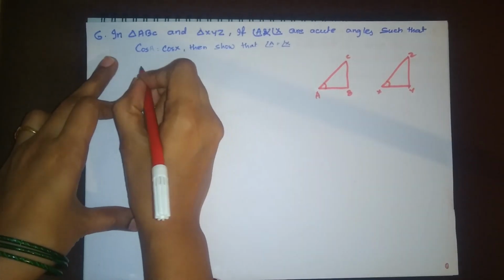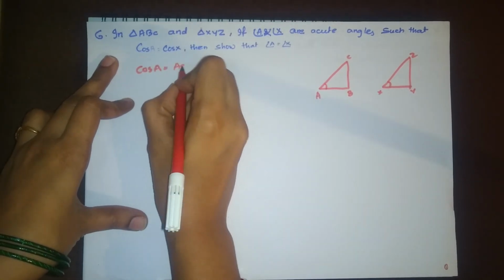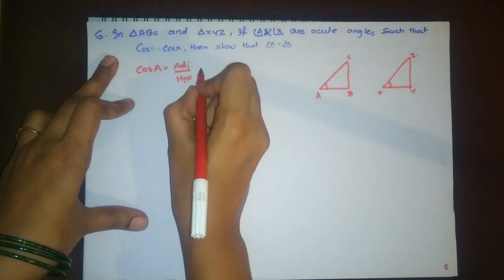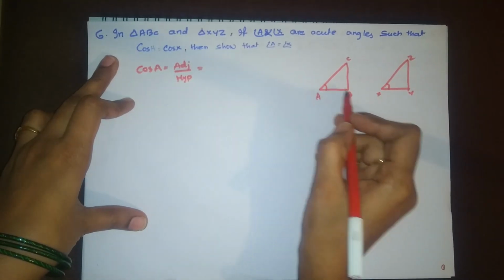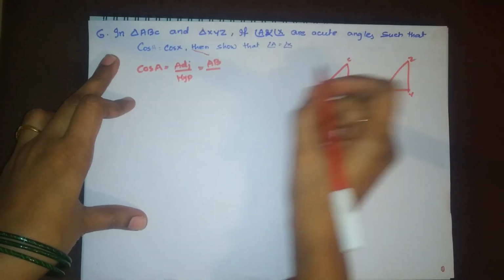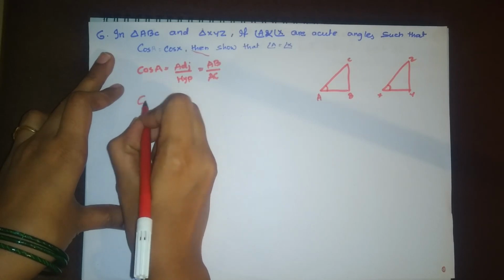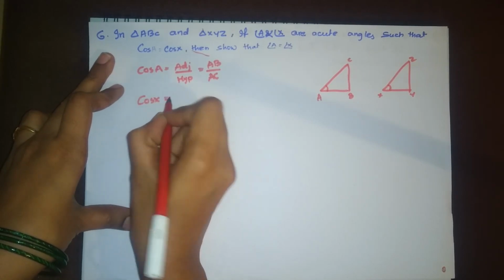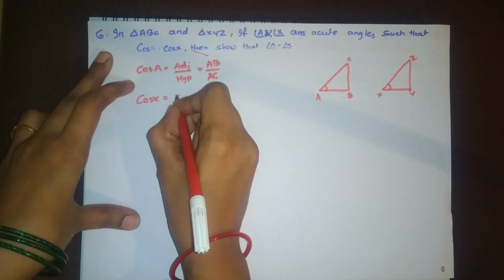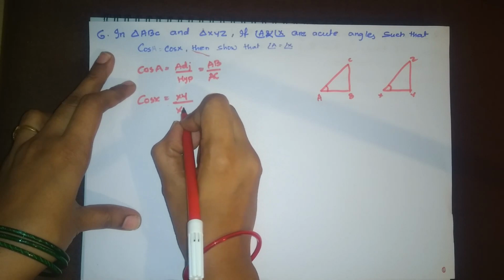Now, what is cos A here? Adjacent to angle A divided by hypotenuse. What is adjacent to angle A? AB and hypotenuse is AC. And now what is cos X? It is adjacent XY divided by hypotenuse XZ.